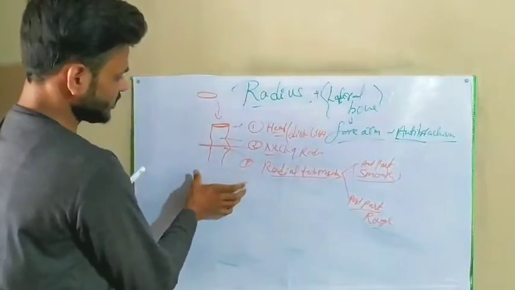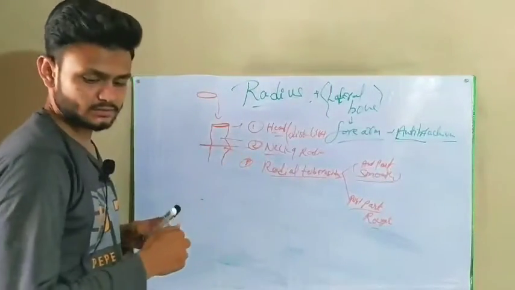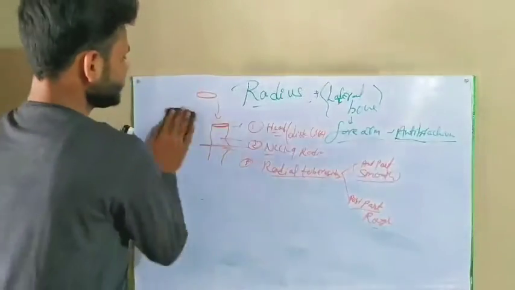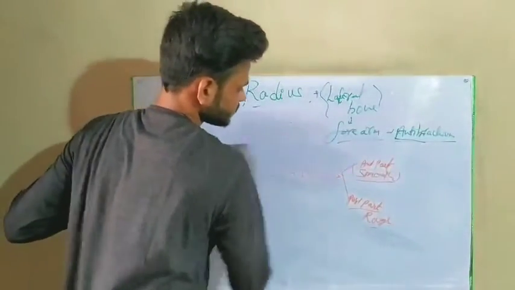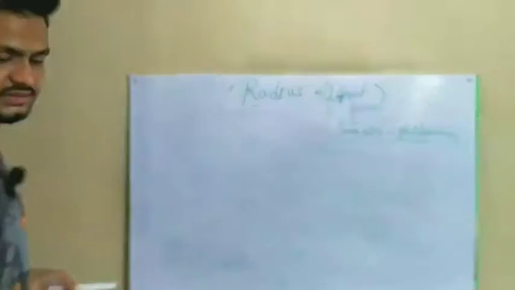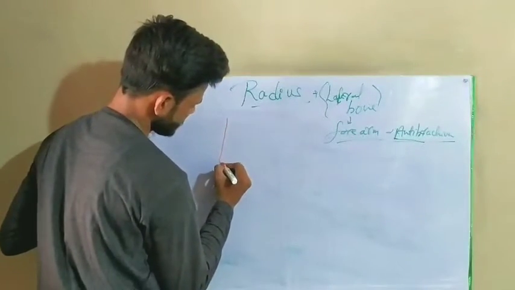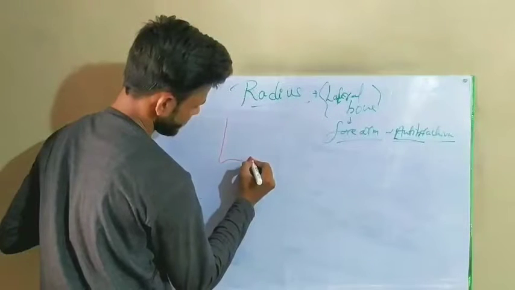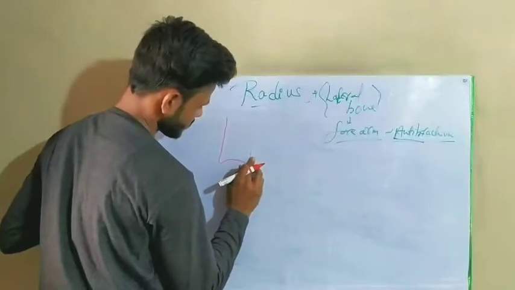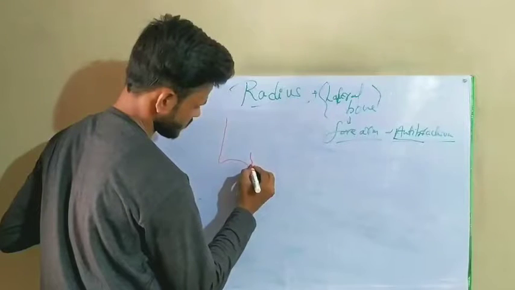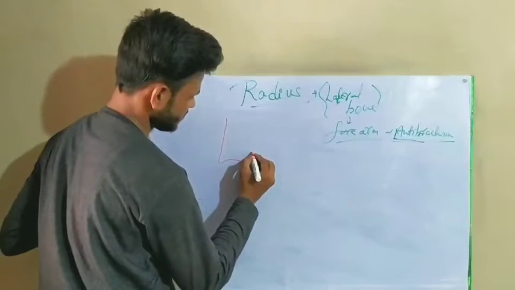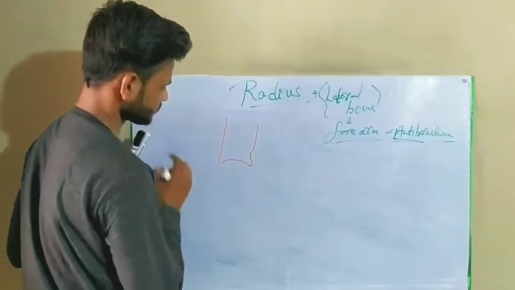Now we will talk about the lower end of the radius. If we draw a lower end diagram, this is the lower end of the radius.